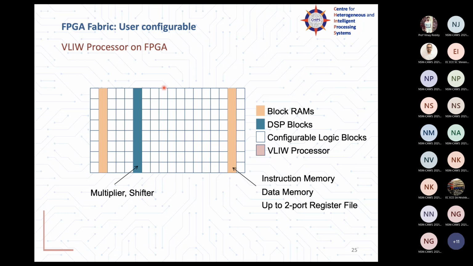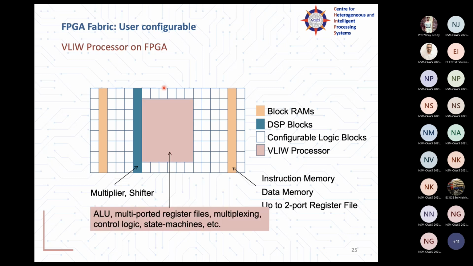Everything else, like the adder, the shifter, the multiplier, can go onto DSP blocks, which are dedicated hardware. You have dedicated multipliers, shifters, etc., available in the configurable logic fabric. I will use that, and everything else will go onto the configurable logic. Other things like multiplexers, control logic, state machines, etc., can be mapped onto the configurable logic that is given to you.